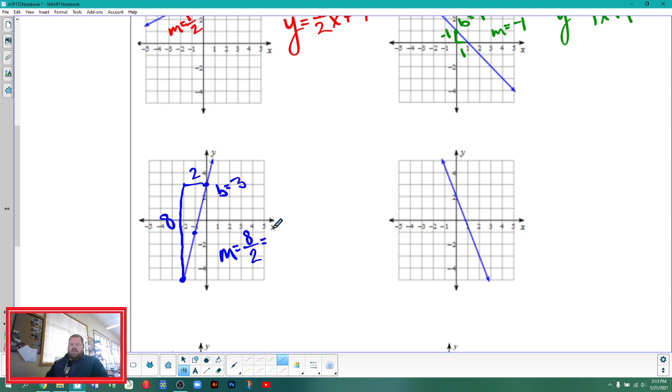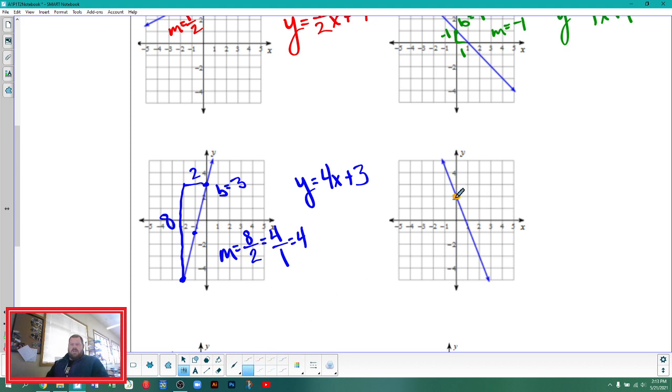That would also reduce to 4 over 1, or just a slope of 4. So the slope is 4, the y-intercept is 3. We get 4x plus 3, and that's our equation.